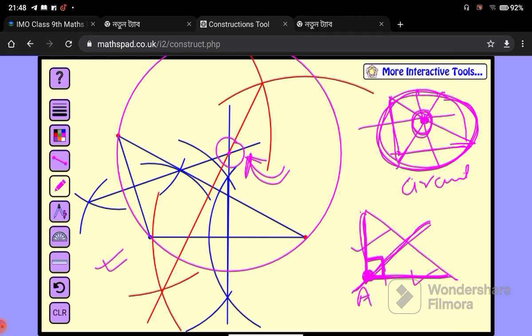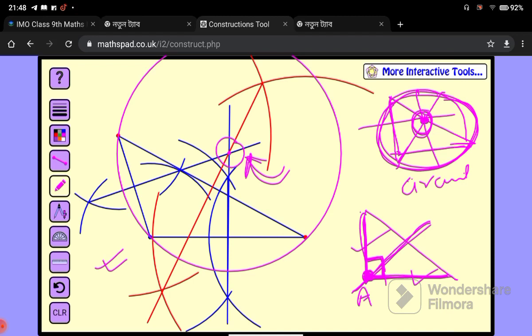Okay, so these are the cases. Circumcenter will be inside in an acute triangle, in case of obtuse it will be outside, in case of right angle it will be on the hypotenuse, and the orthocenter will be at point A, 90 degrees.